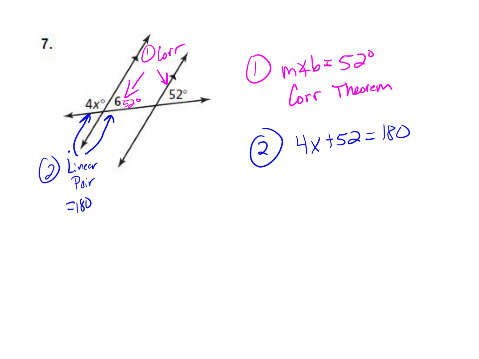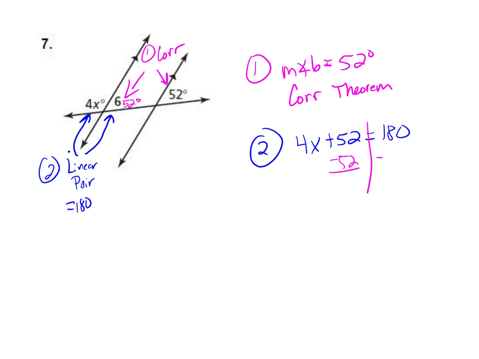If they're a linear pair, 4x plus this 52 add together to equal that straight line, right? So 4x plus 52 equals 180. Now we just solve for x.